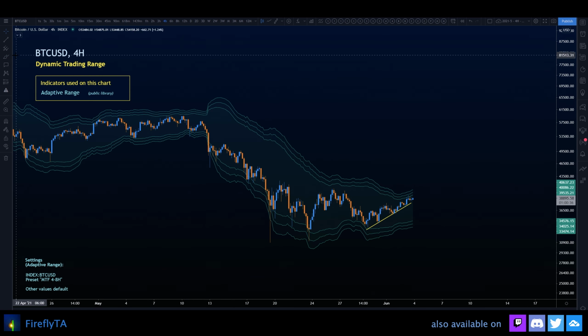The next chart. This is our dynamic trading range on the 4-hour chart, based on my indicator Adaptive Range, which you can use freely. It is available on TradingView, and you can add this to your chart anytime. So here you can see these are support and resistance bands. They look like Bollinger bands, but they are not. You can see the sudden moves, these sharp edges.